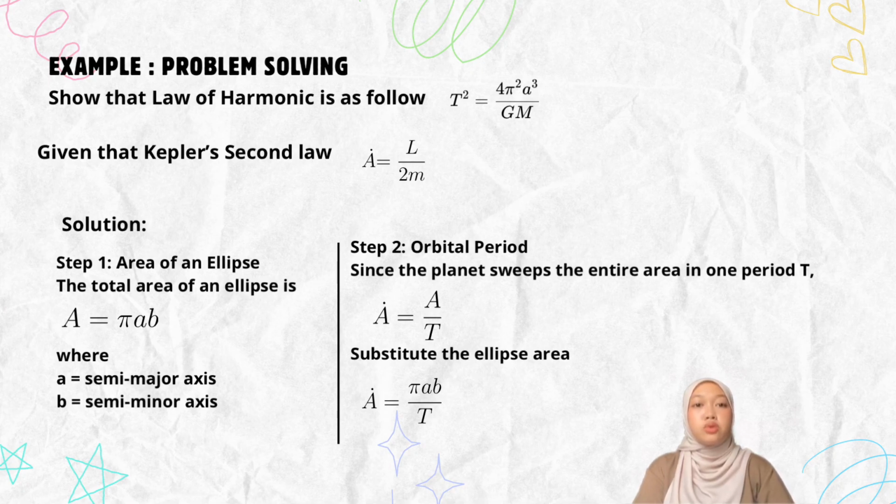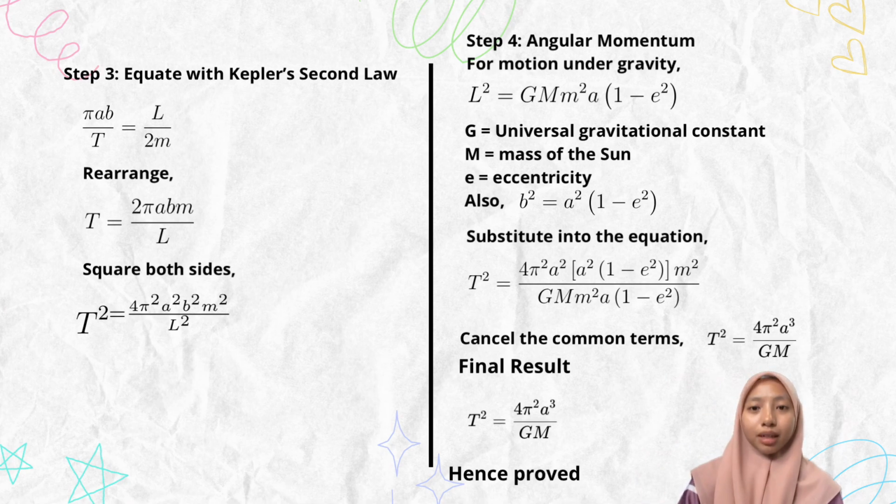Now we have two expressions for the area velocity, which are A dot equals L divided by 2m, and A dot equals pi times a and b divided by T. In step 3, we equate the area velocity with Kepler's second law.